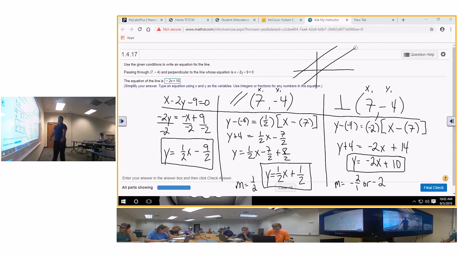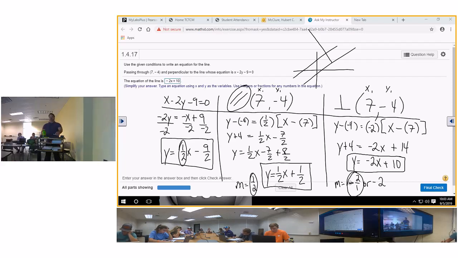So therefore, since this is 1/2, this has got to be 1/2, because it's parallel. Perpendicular, the slope is going to be the opposite inverse. So that's why I switched this to 2/1, and it's got to have the opposite sign. And that's a general rule of algebra.